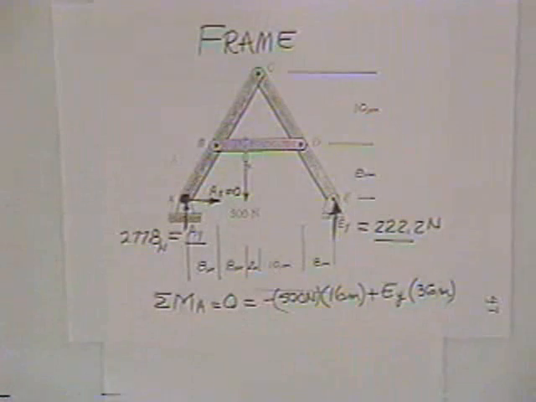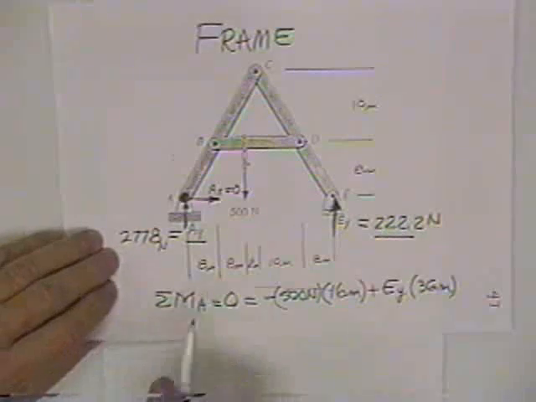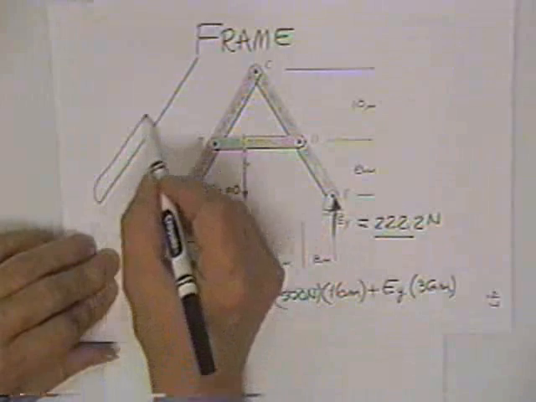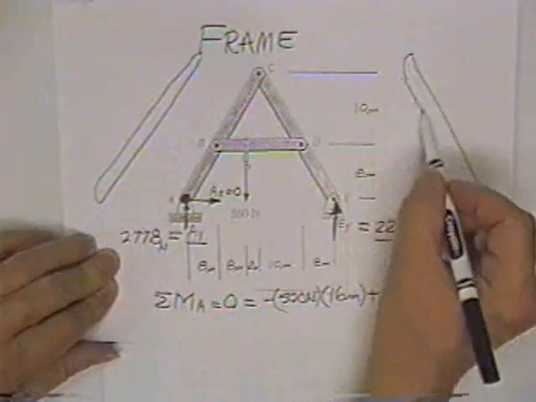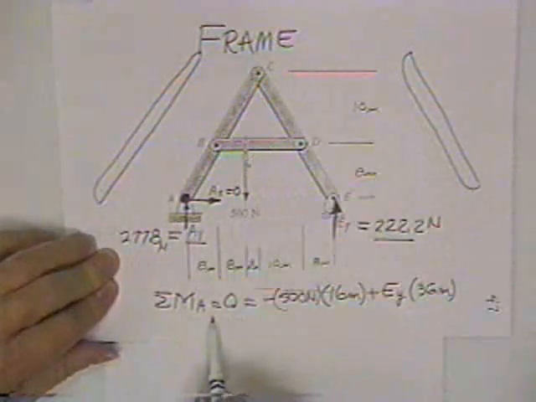Now then, to get inside of the structure, you actually take the members apart. You draw this member by itself, and you draw this member by itself, and you draw this member by itself.